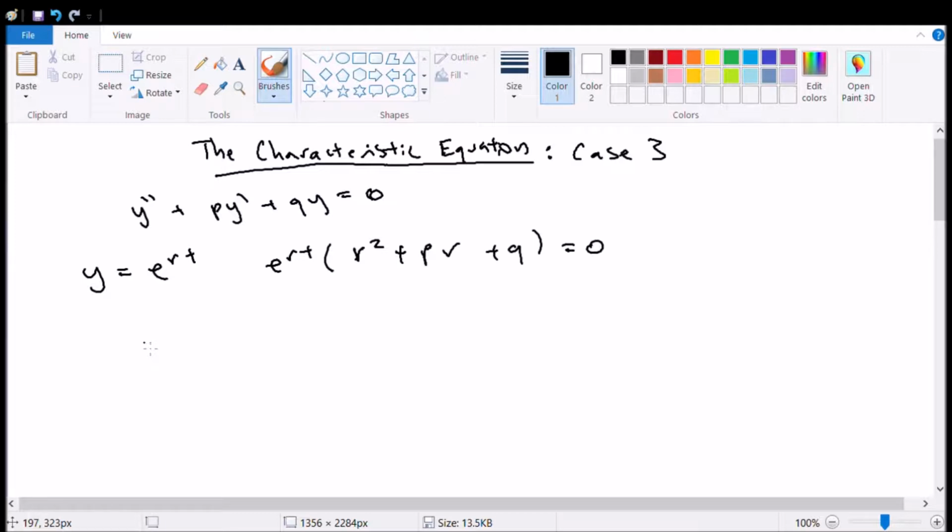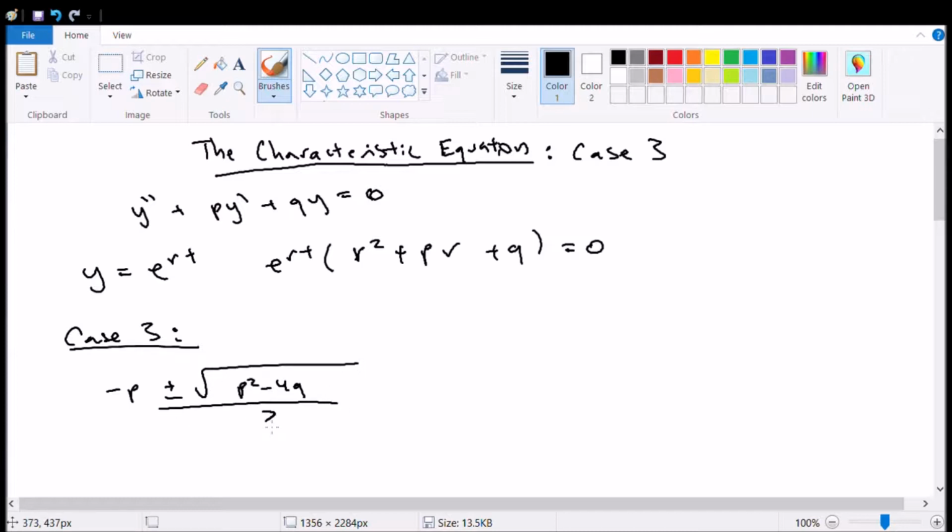Okay, so let's review the quadratic formula. So when you try and solve for this, you get something like this, where the discriminant equals 0, so basically this plus or minus thing is out of the question, and you only have one real solution, which is negative p over 2.